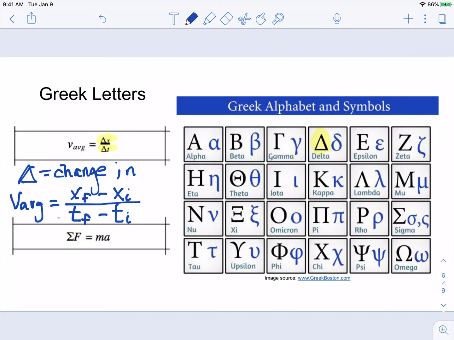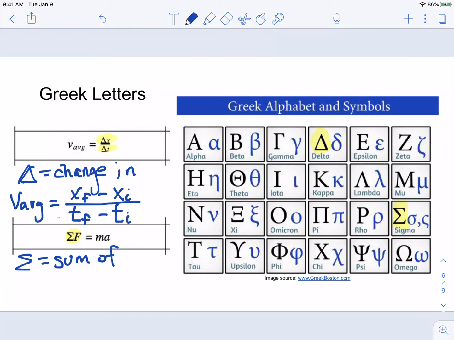The other Greek letter I wanted to point out today that's very helpful is the capital letter sigma. The capital letter sigma means the sum of. So if I take a look at this equation right here, we have the sigma in front of a capital F. That is telling me I want to take the sum of all of the forces.